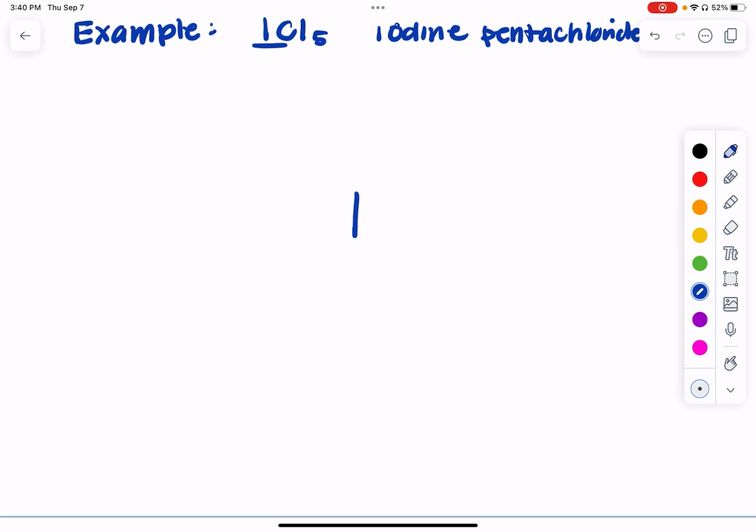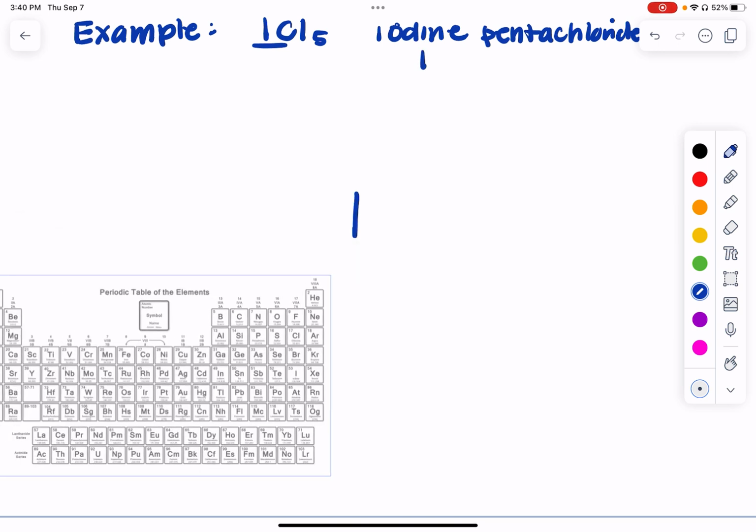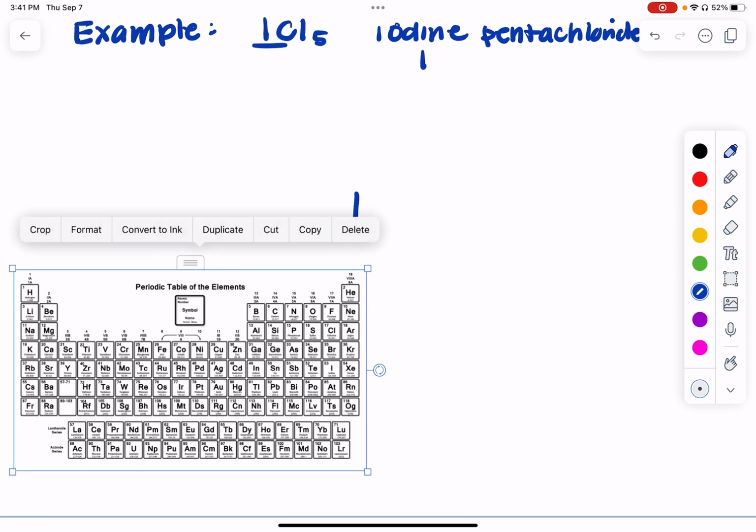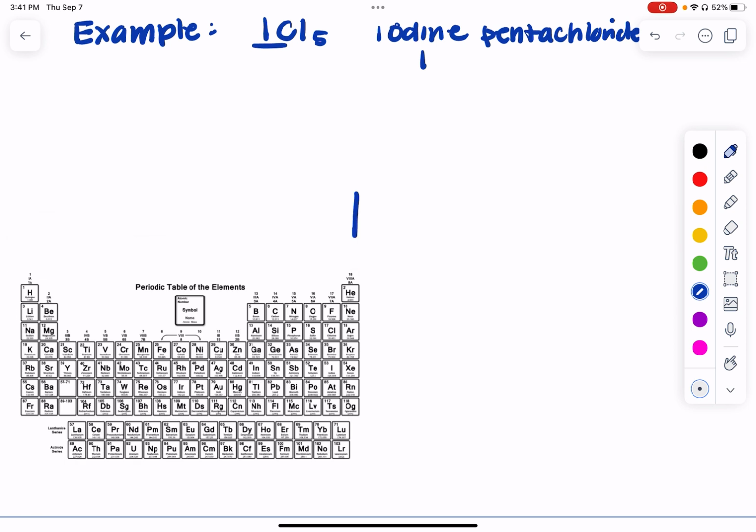Before I do that, let's count valence electrons. Iodine and chlorine are both in group 17. Chlorine is here, iodine's here. Iodine has 7 electrons, and 5 times 7 for chlorine. That gives us a grand total of 42 electrons.